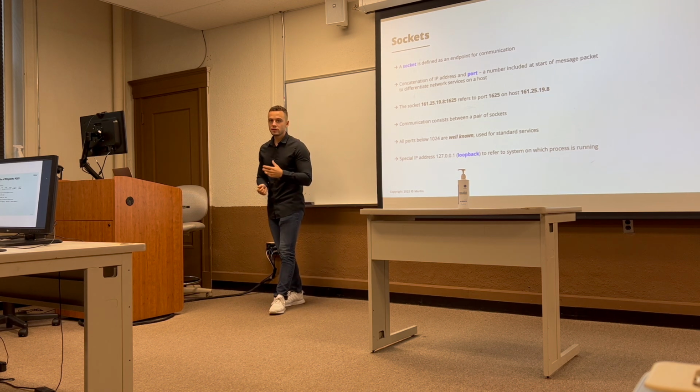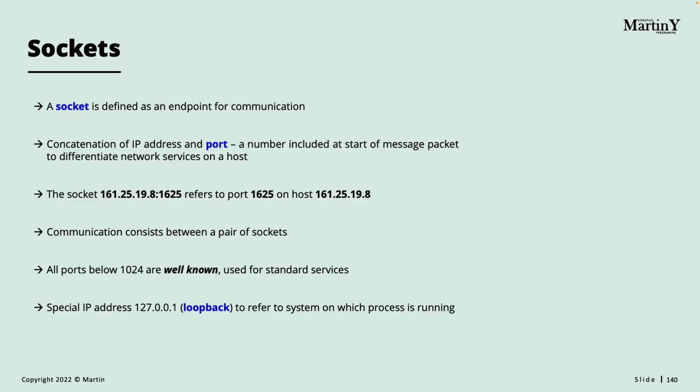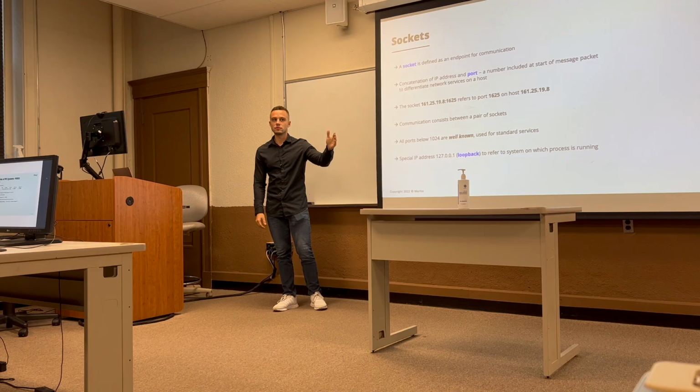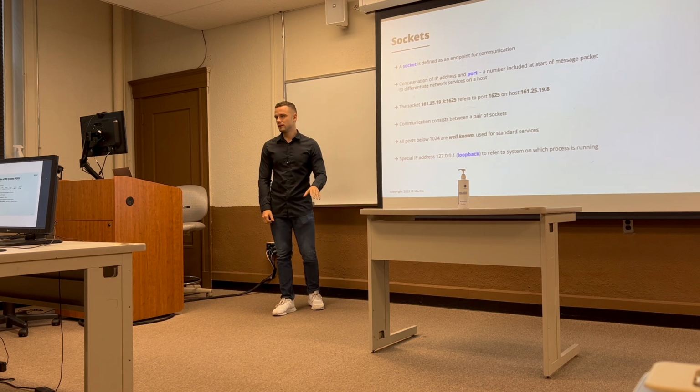So the question is, what is the easiest approach for two processes to share some messages? Normally, and this applies to every operating system, in data communications you have a few layers: on the top the application layer where your application runs, then the transport layer, network layer, data link layer, and physical layer.